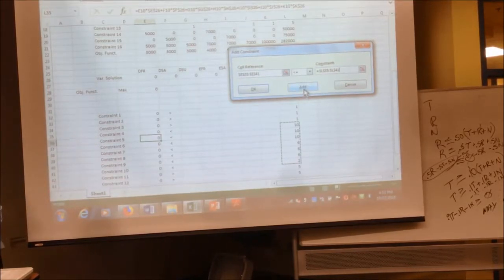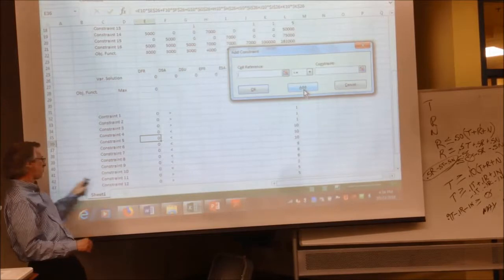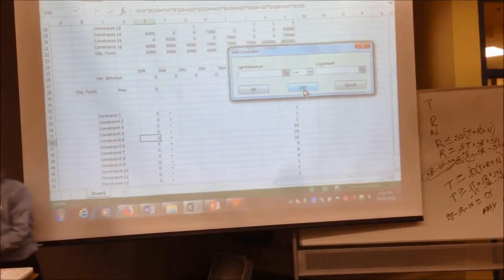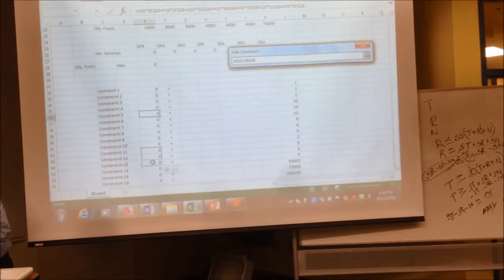Now, I can click OK, but I know there's more to do, so I'm even going to hit the word add here without going back. I want to add more constraints. It just clears it for me. I've done all of these to here, right? Is that 41? So all I have left are these bottom ones. This one's greater than or equal, this one's greater than or equal, and that's it, just these 3.